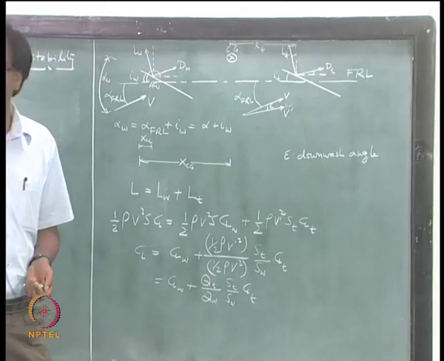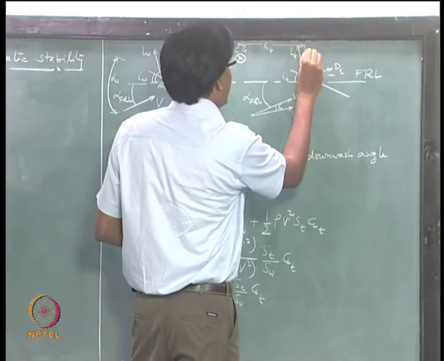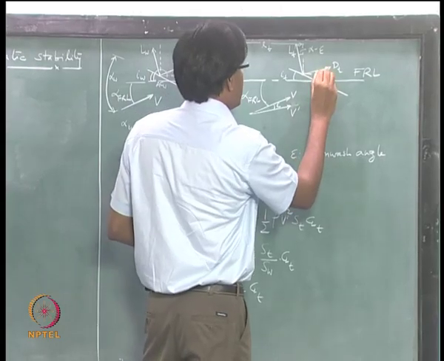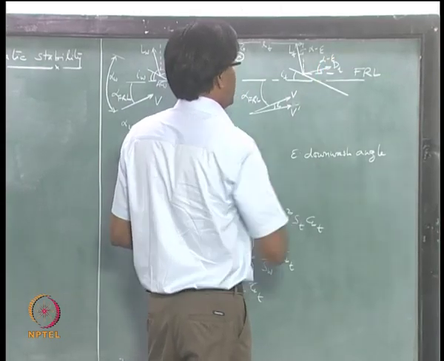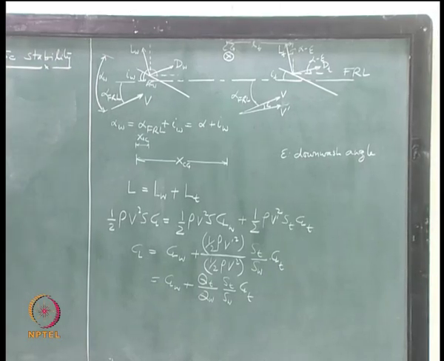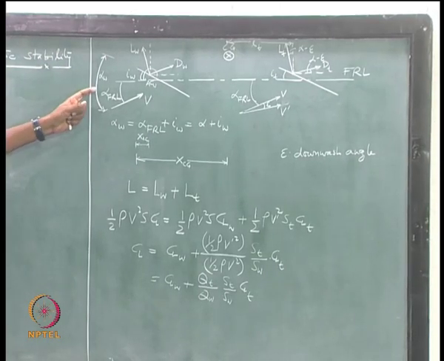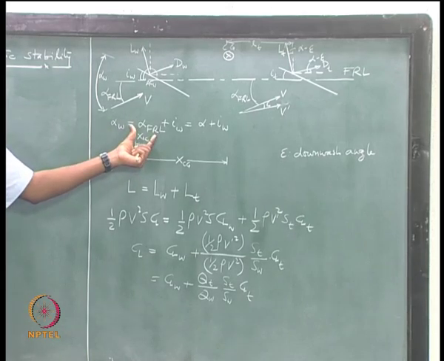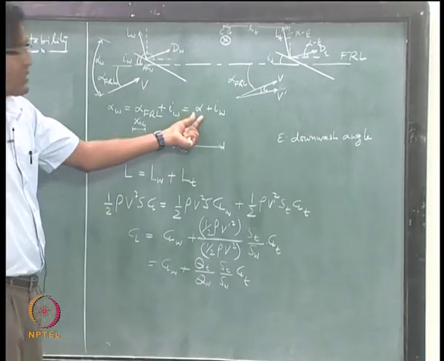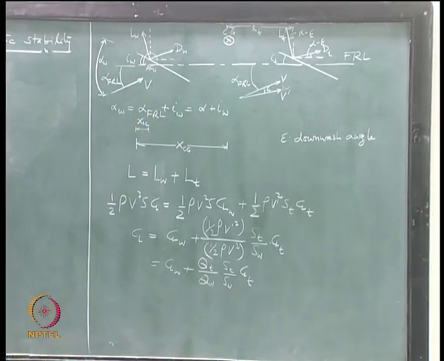Alpha minus epsilon. And this alpha is alpha FRL at the wing, so that is what I have taken as angle of attack. So you have dropped this FRL and you are taking this angle as alpha.